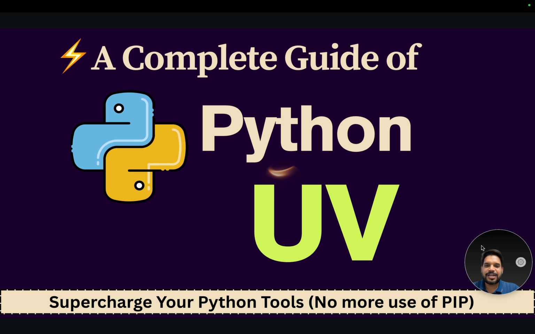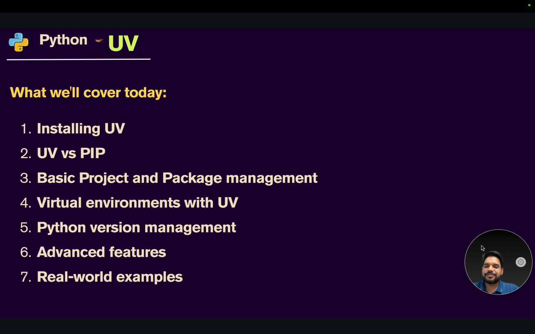Okay, so let's discuss what we can do with the help of UV and what is the agenda of today's session. So guys, first of all, we will discuss installing UV, right? And I will explain the difference between UV and pip. Additionally, I will explain what the issue with pip is, so that you can understand why the UV package is better compared to pip.